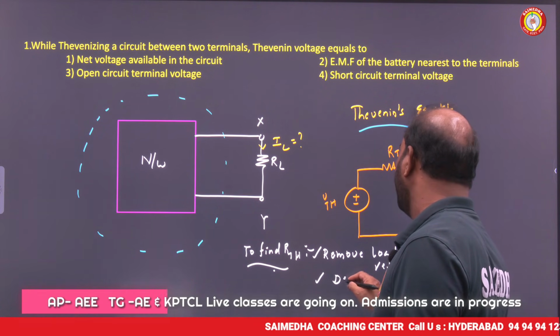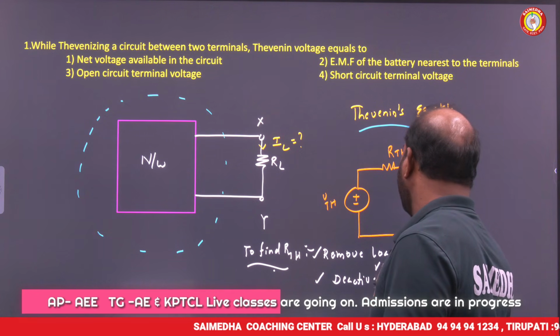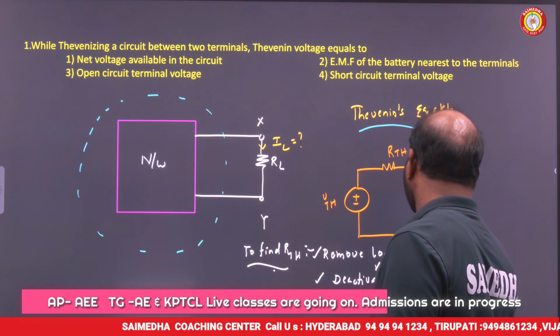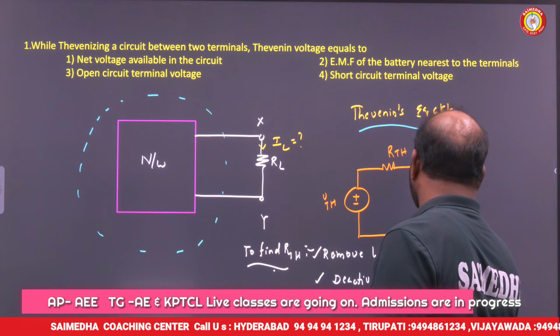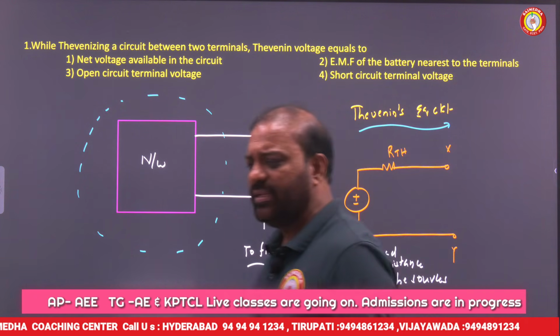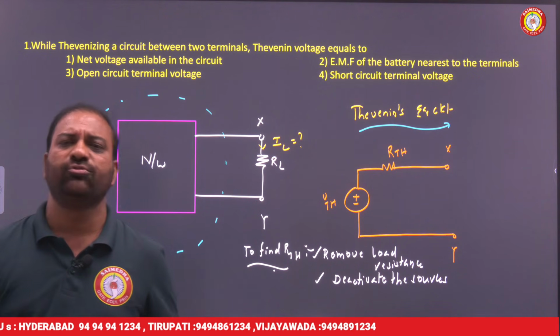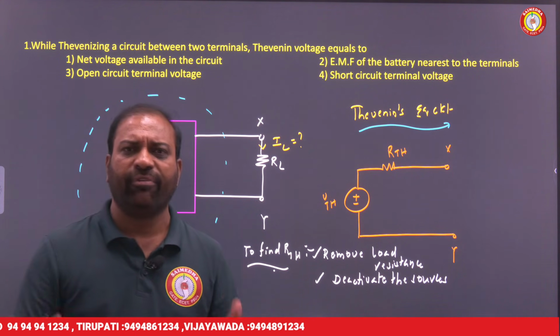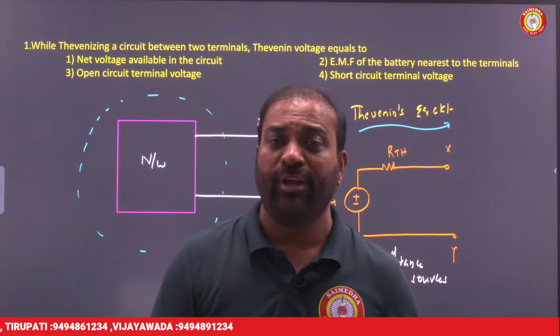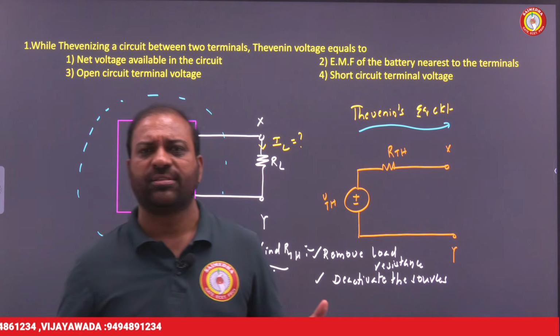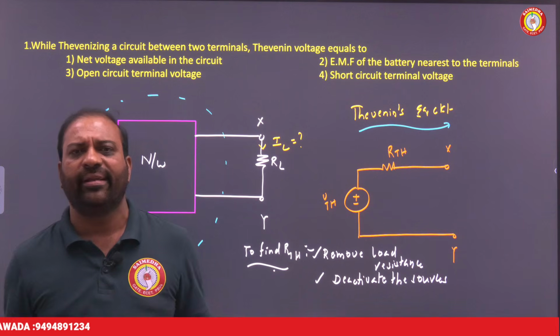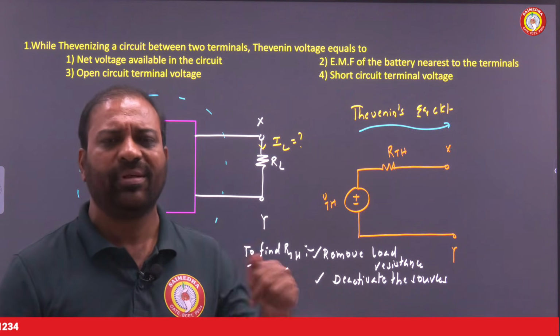Afterwards, we need to deactivate the sources. Deactivating a source means if a voltage source is present, you short circuit it. If a current source is present, you open circuit it. So while finding Thevenin's equivalent resistance, we remove the load resistance, then deactivate all the independent sources present in the network.